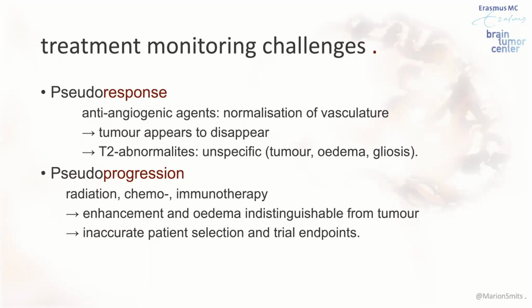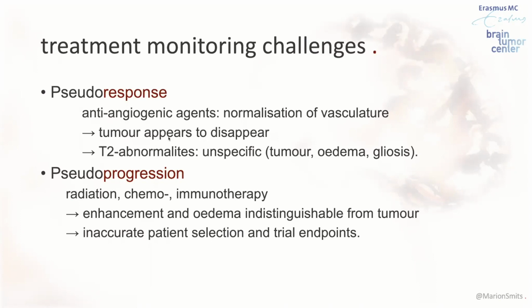I'll show you an example in a minute. And the reverse is the pseudo progression, where we see an increase in abnormalities on radiological imaging without actually a tumor progression. So this is called pseudo progression.